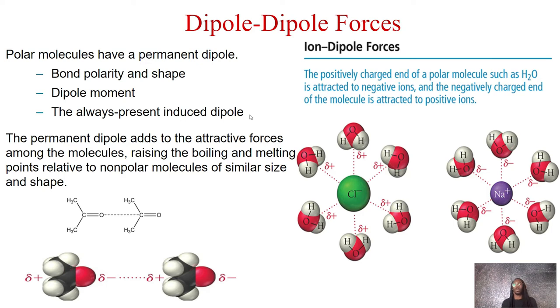So because of that, we always have a dipole moment occurring with polar molecules. Because we have these permanent dipoles, we know there's a partial negative charge and a partial positive charge. So expect to see always some type of attraction between these molecules.